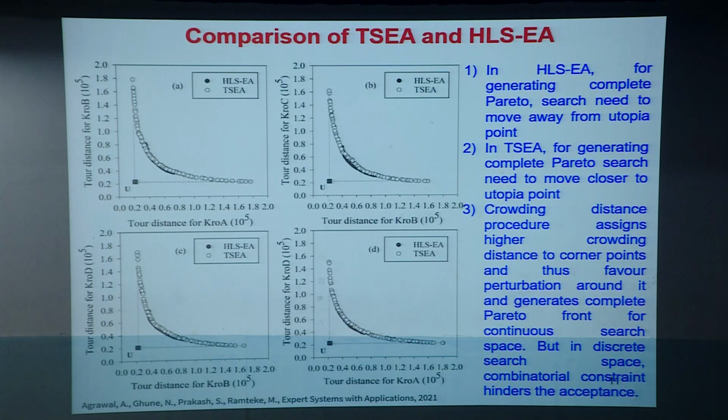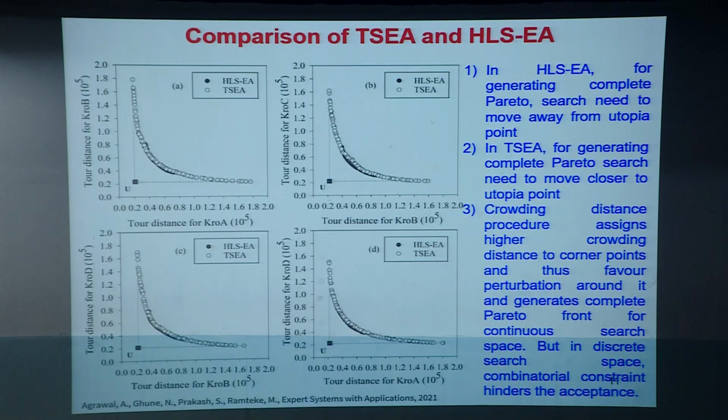In the previous slide, I said I am going to explain why this is happening. Typically in a genetic algorithm, the entire Pareto front is generated because of the non-dominated sorting procedure. The last points are assigned the highest crowding distance, and that is how the genetic algorithm favors local exploration around them.